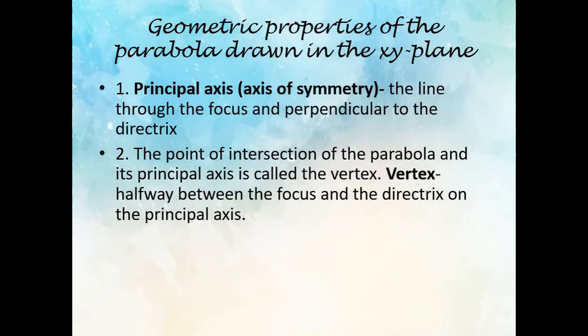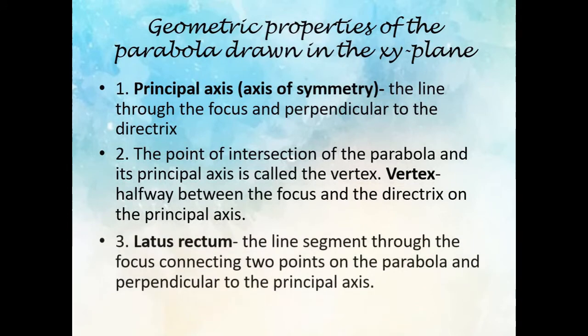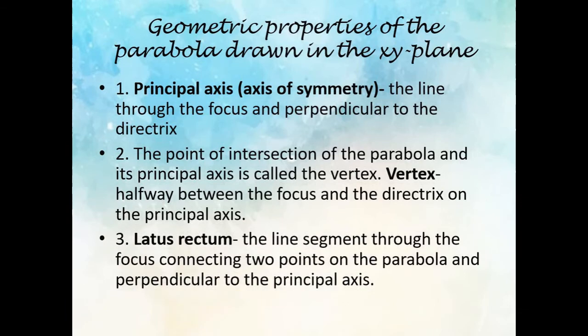Vertex is the halfway between the focus and the directrix on the principal axis. Latus rectum is the line segment through the focus connecting 2 points on the parabola and perpendicular to the principal axis.